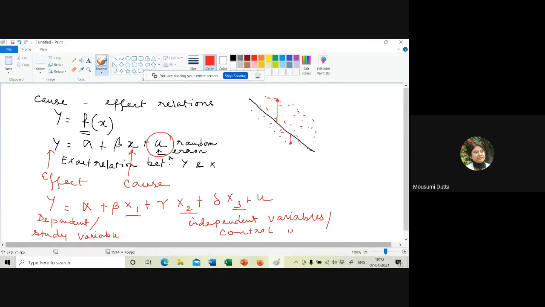This can be considered as explained variable, and in the language of regression, these are also called regressors.